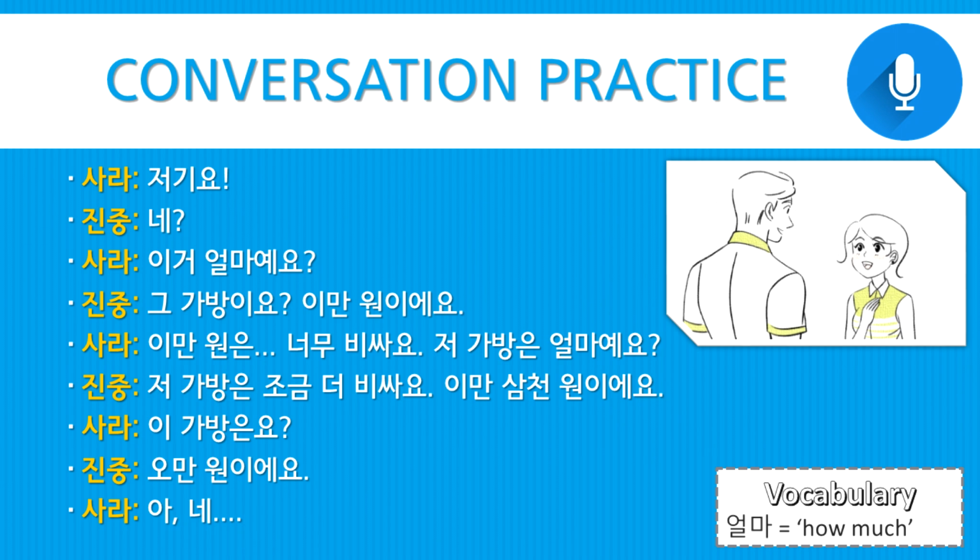First, Sara says, 저기요. Excuse me. 네? Yes? 이거 얼마예요? How much is this? 그 가방이요? That bag? 2만 원이에요. That is 20,000 won. 2만 원은 너무 비싸요. 20,000 won is too expensive. 저 가방은 얼마예요?